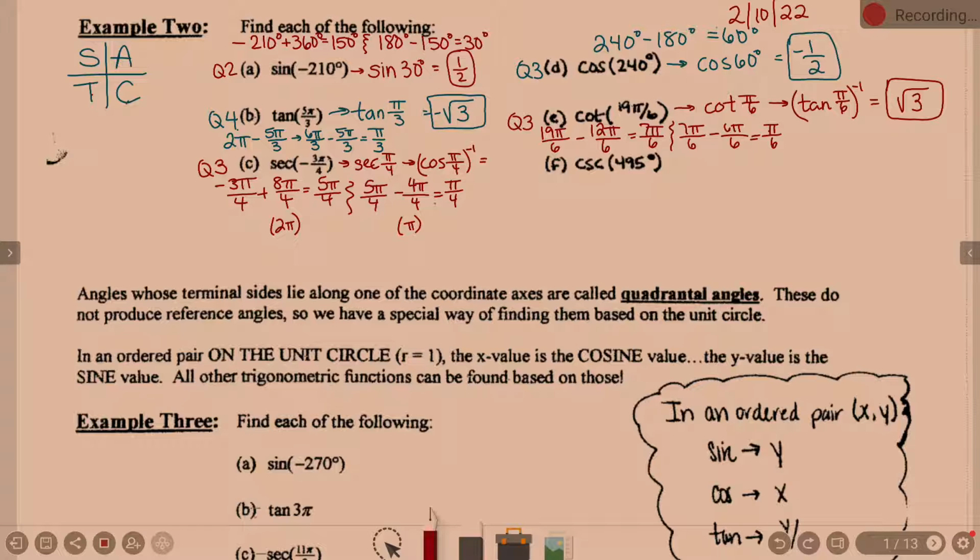Sine and cosine of pi over 4 are the same, yes? You have those memorized? Sine and cosine of pi over 4 are both square root of 2 over 2. Although if I back up to the unrationalized, it comes from 1 over the square root of 2 if you're looking at your chart. So I need the reciprocal of that. What's the reciprocal of 1 over square root of 2?